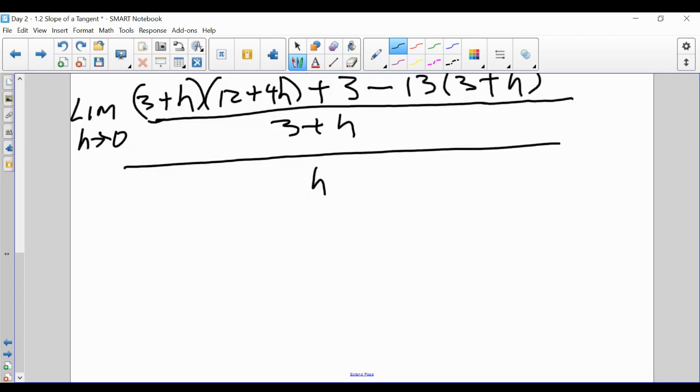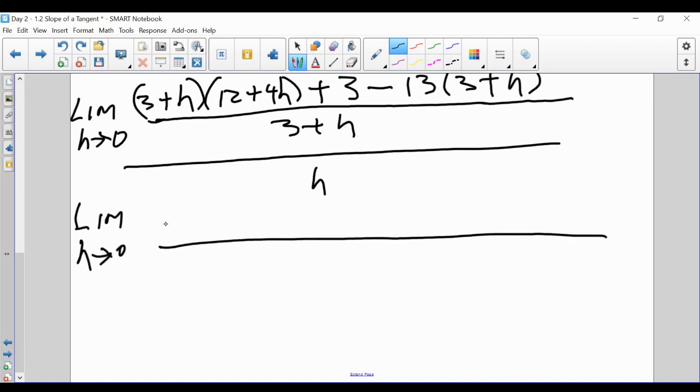So let me keep going here. Let's expand the top of this. Yeah, I know it's a lot, folks. Again, the limit as h approaches 0. The top of this is going to become, let's see now, 36 plus 12h plus, did I do that right?